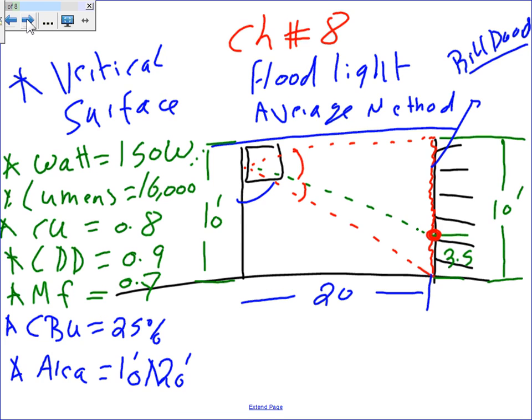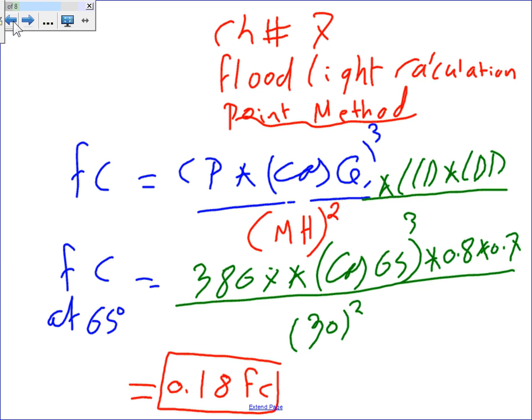Okay, chapter 7, guys: take the same light that you have, the floodlight calculation, and do the point to point method in it. If you look at the formula that they're using, are we familiar with this formula?